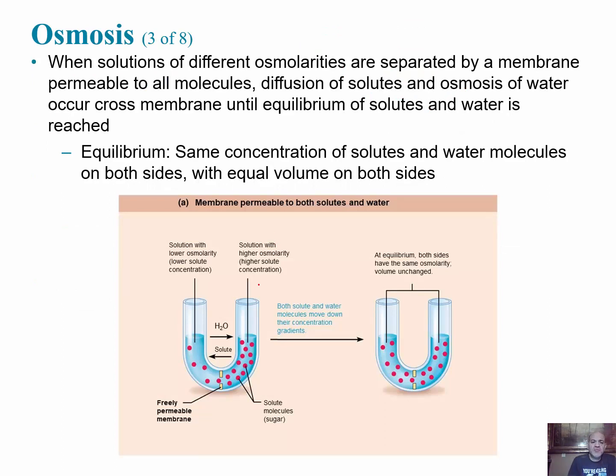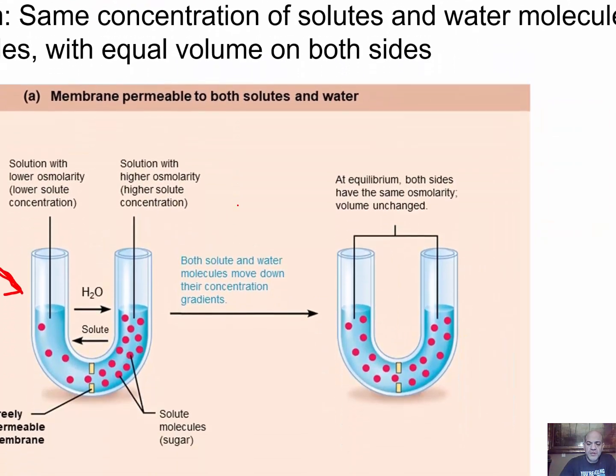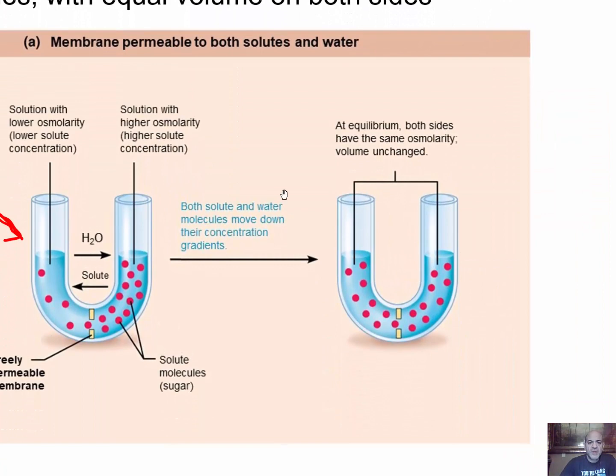So we're going to model this process with a U tube here, a literal tube shaped like a U. And here we're going to see how the movement of particles goes if we were to place a barrier between the two sides of the tube. So here's a freely permeable membrane, and it's free to let both water, which is the blue shaded area, and the solute particles move.